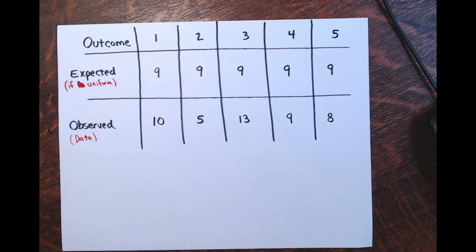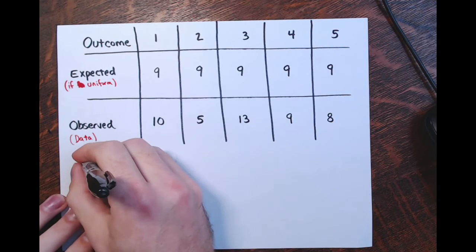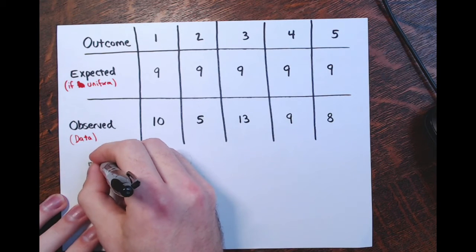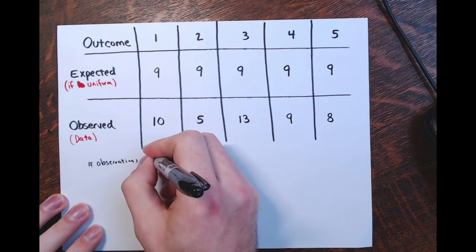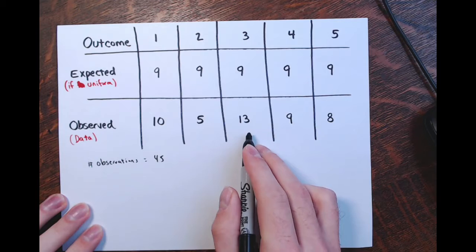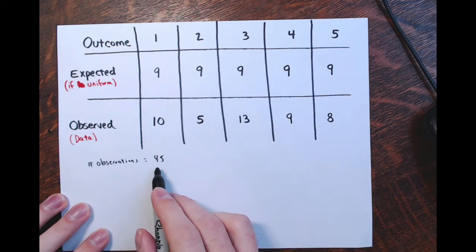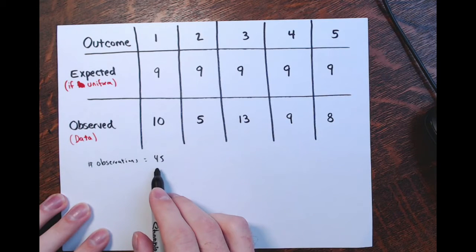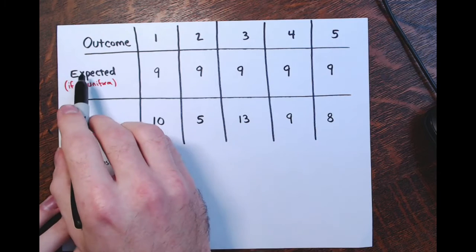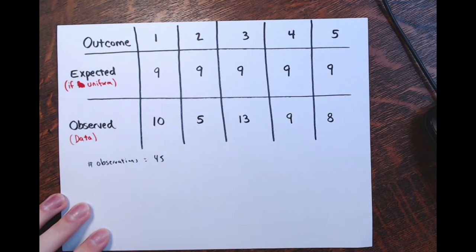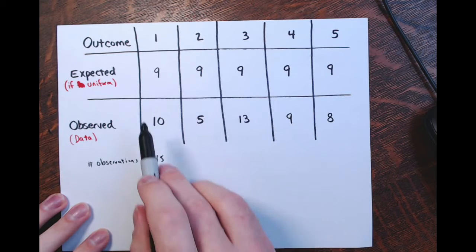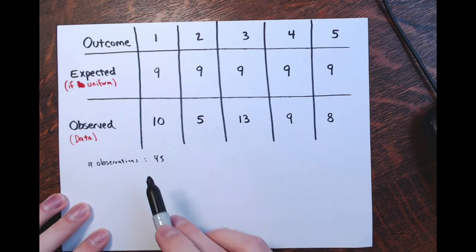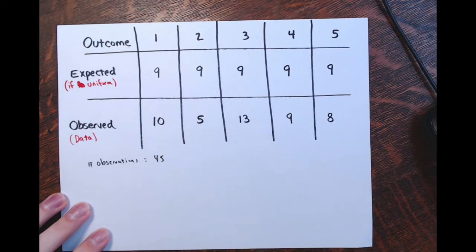The number of observations in the data is 45: 10 plus 5 plus 13 plus 9 plus 8 is 45. If you were expecting the distribution to be uniform, and there were 45 observations, you'd expect 9 of them in each category, because 45 divided by 5 is 9.